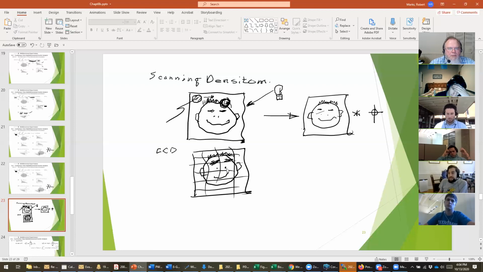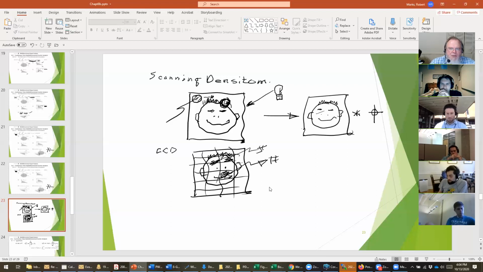Now, what does the CCD do? The CCD does the same thing. It takes whatever light is incident upon the CCD, and it gives you out one number, right? It gives you out a number for this photo detector, and a number for this photo detector, right? But you notice it has a similar effect as this original one.